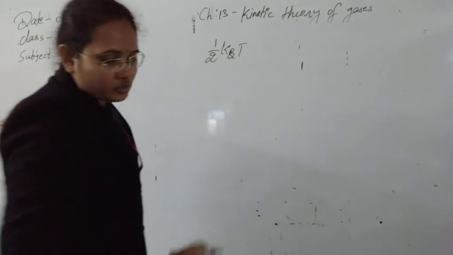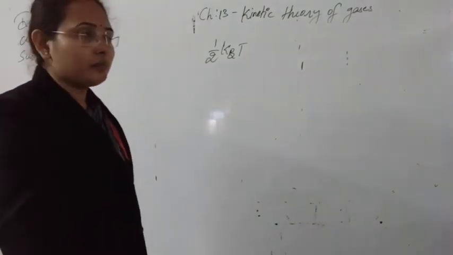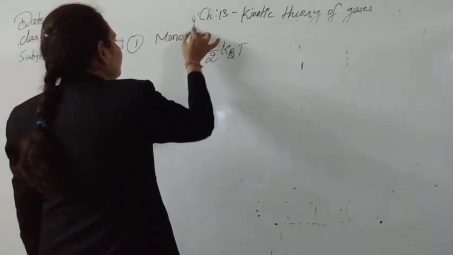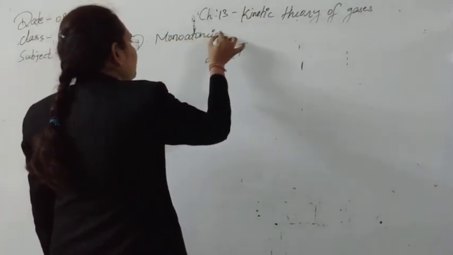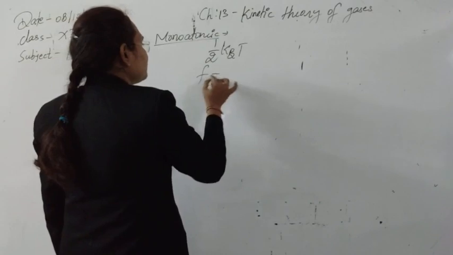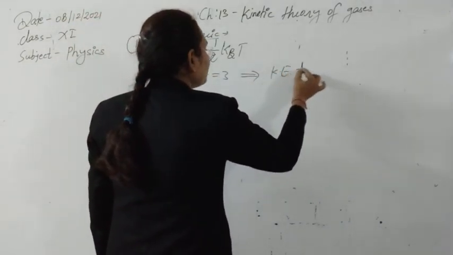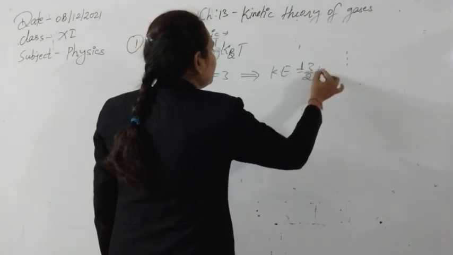For a monoatomic system, F is equal to 3, so the total kinetic energy will obviously be 3/2 kT.